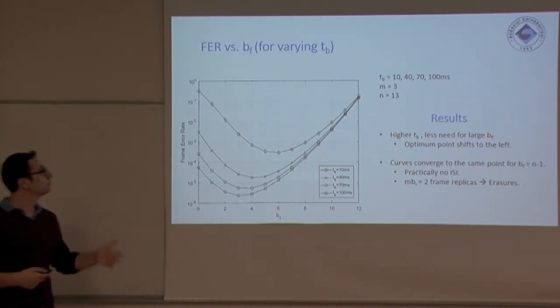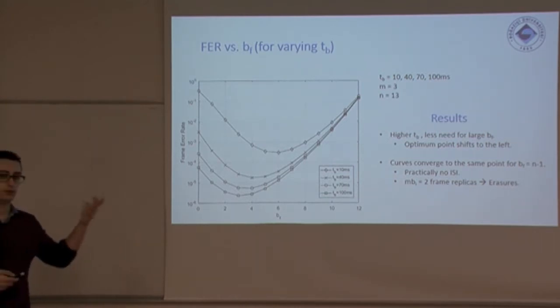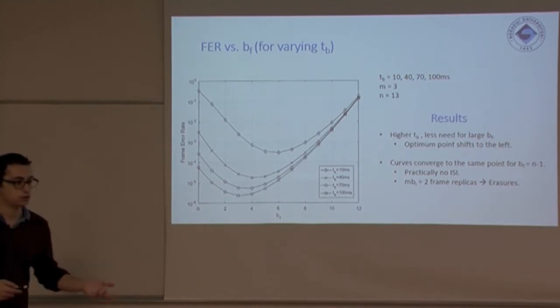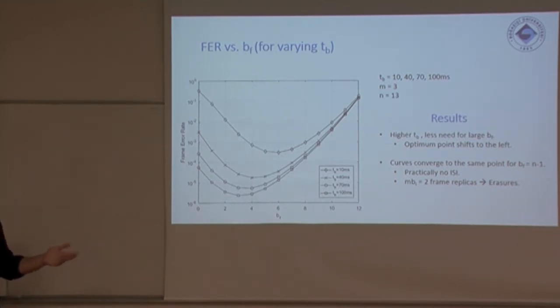So we thought we would try out this molecule as a frame scheme under different TB situations to examine what happens to the system, what happens to the equilibrium, what happens to the optimum point, what happens to the error rate at the optimum point, and so on and so forth. So in this case, we have 13 bits inside of our frame. We have an M value of 3 and a TB of 10 milliseconds, 40, 70, and 100.